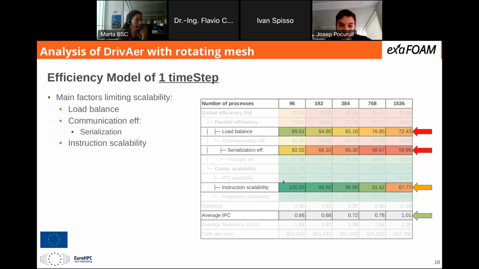Also the instruction scalability started good, but starting from 768 ranks, it was degrading very fast. And we also saw that the IPC was scaling up, so there was a problem with the first execution with 96 ranks.